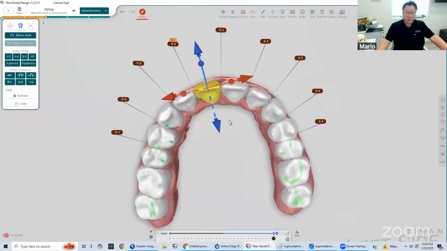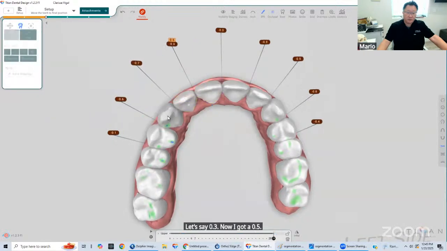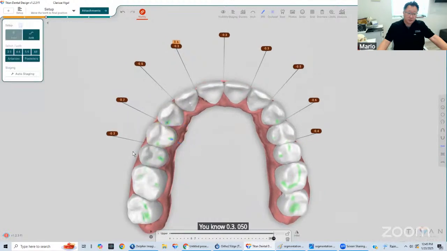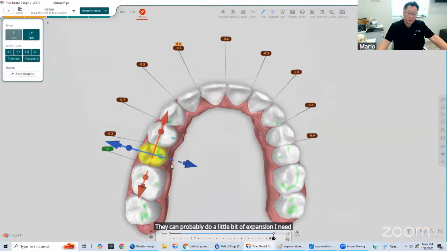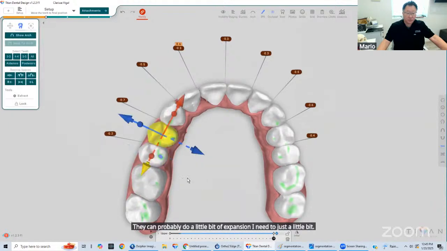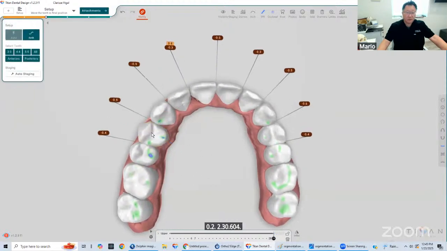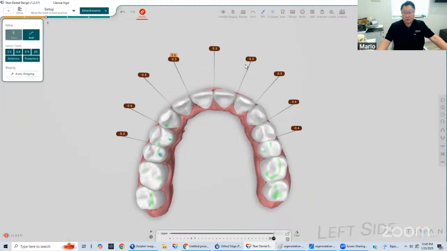Let's say I have 0.3, now I got a 0.5. 0.3, 0.5, 0.8. If I expand, I can probably do a little bit of expansion if I need to, just a little bit. 0.2, 0.3, 0.6, 0.4. I'm going to say that's doable.